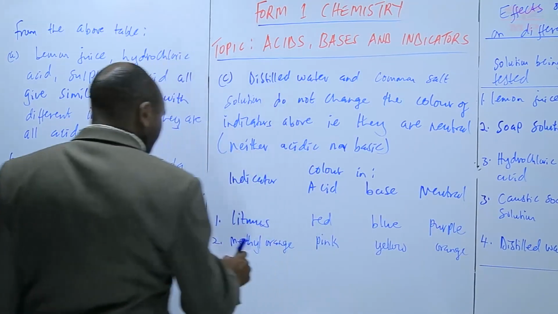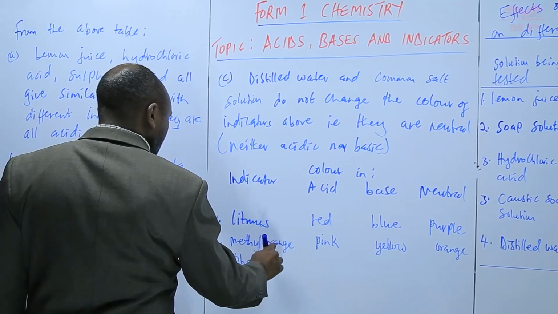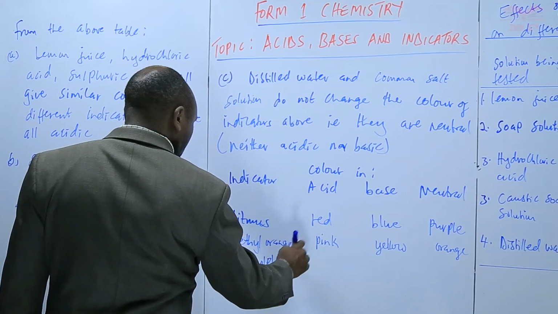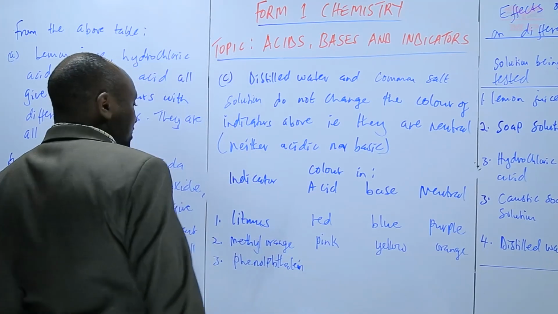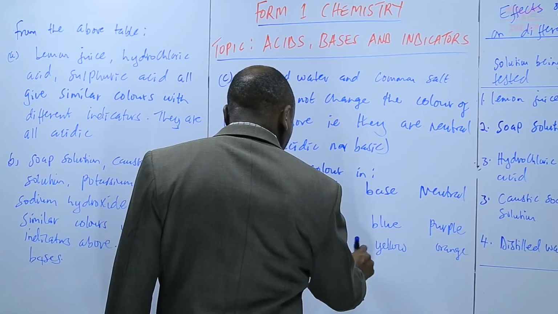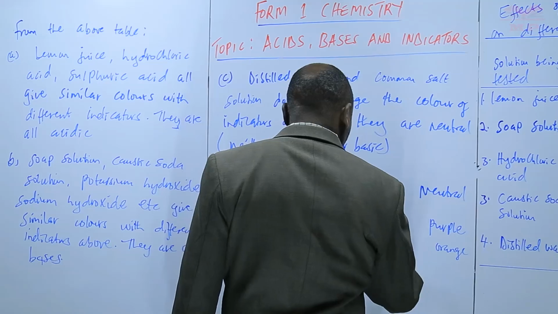And then finally, phenolphthalein, as another indicator. In acid, it is colorless. In base, it is pink.